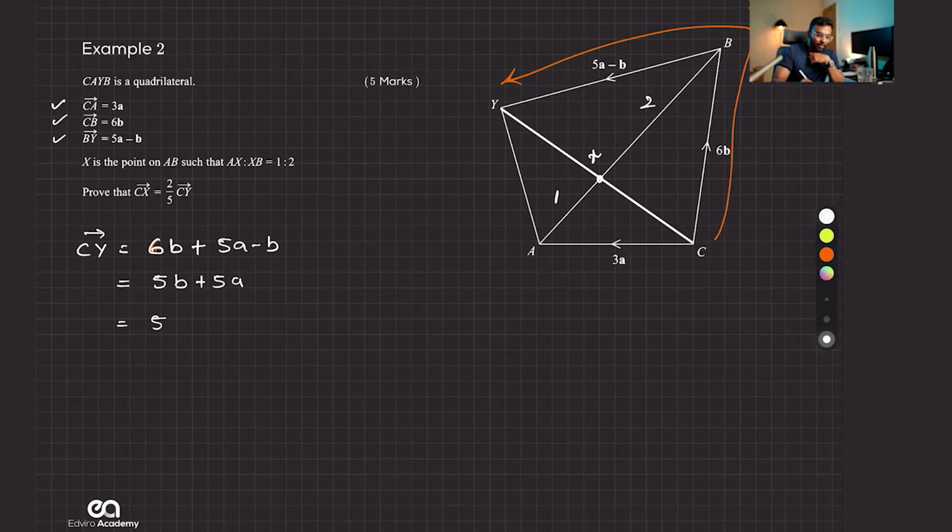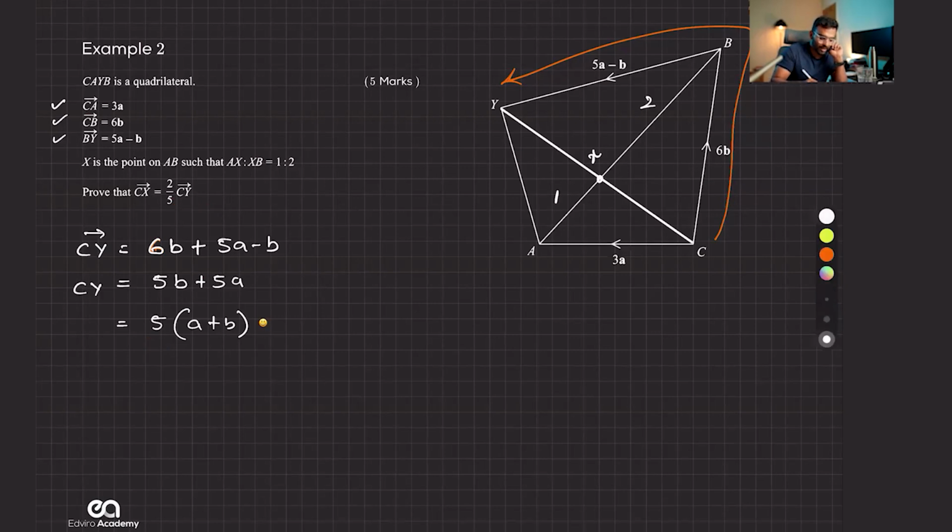If I take 5 out, that will be A plus B or B plus A, doesn't really matter. I already see that 5, and there's a 5 in the fraction there. Very important to notice it.